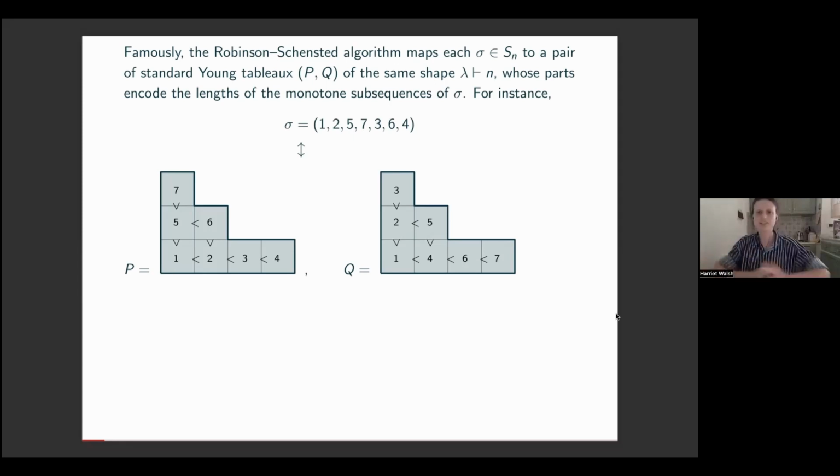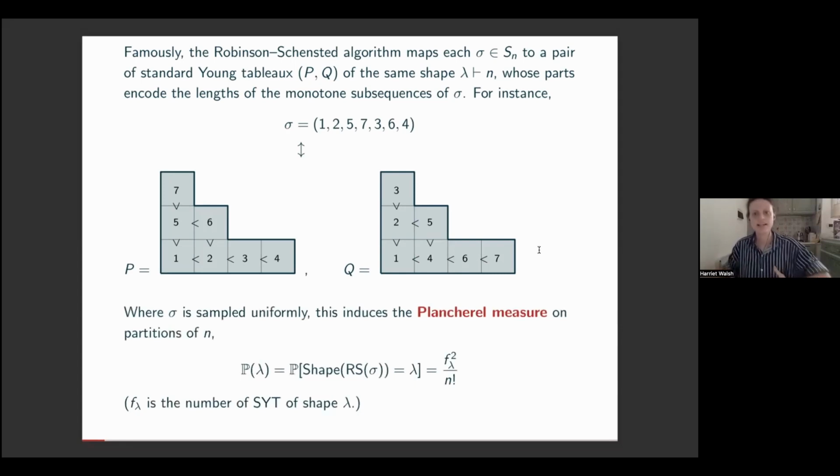we can extract the length of the longest increasing subsequence of a permutation directly. So if we use this bijection, we sample permutations whose shape under the Robinson-Schensted bijection will be some partition lambda.